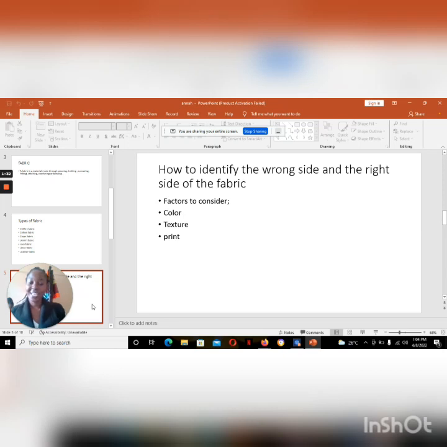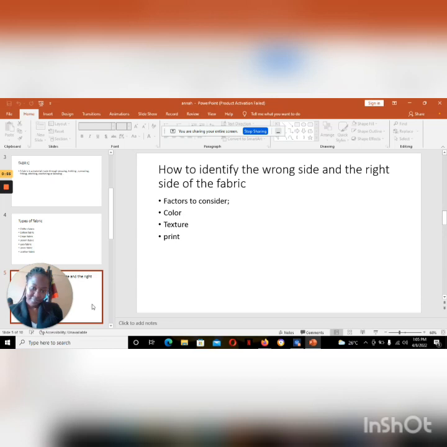With color, there are certain fabrics that on their right side appear brighter than on the wrong side, yeah? With texture, on the right side, some fabrics, for example kitenge fabric, are softer than on the wrong side.